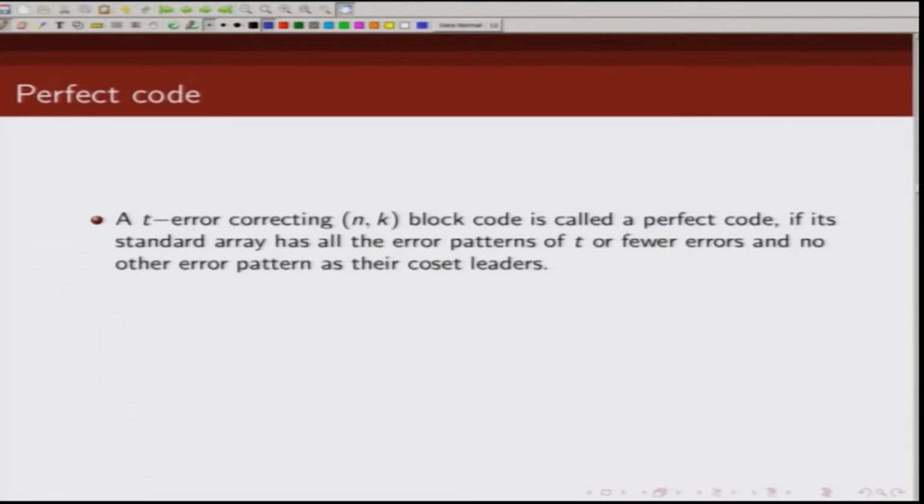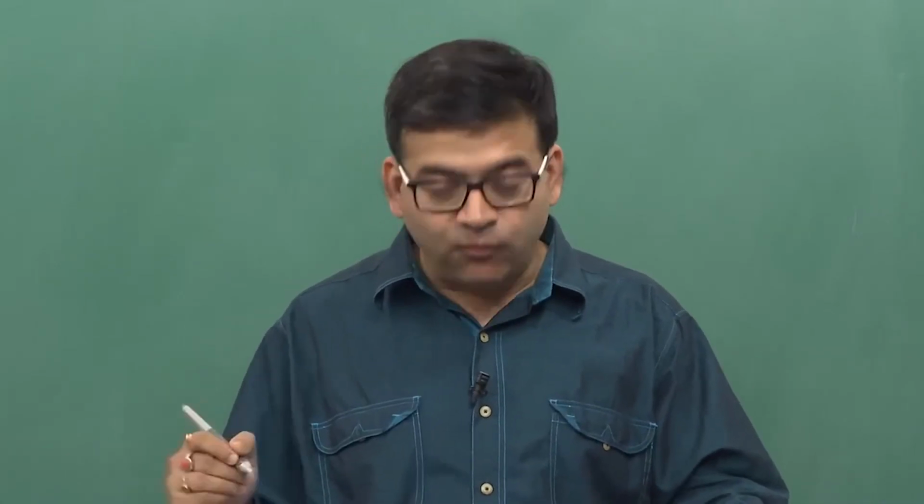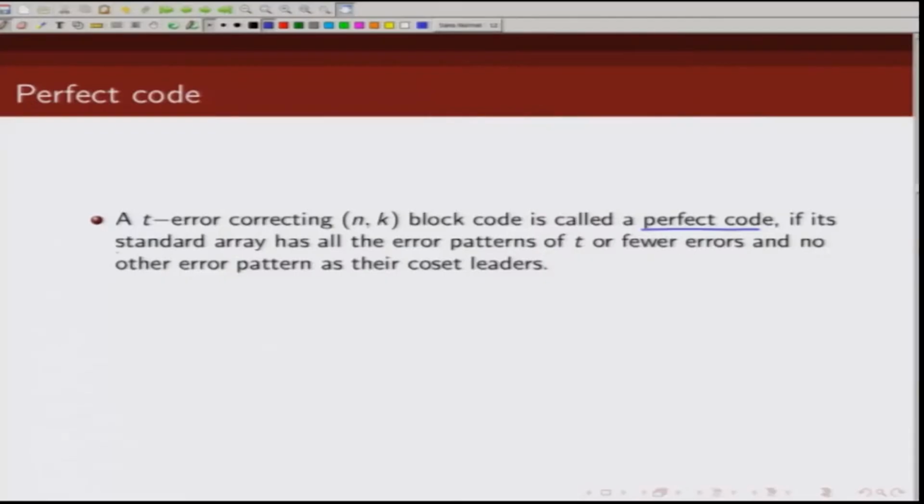So, a t error correcting code is called a perfect code if it satisfies Hamming bound with equality. And when will it satisfy Hamming bound with equality? When its standard array has all error patterns of t or fewer errors and no other error pattern as their coset leader.